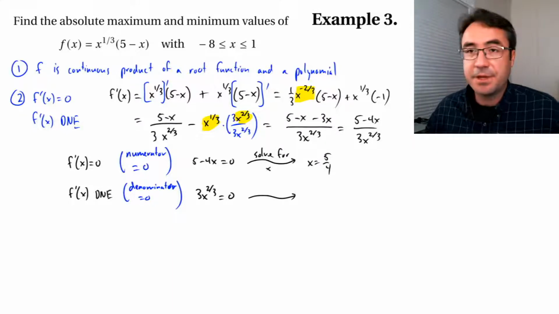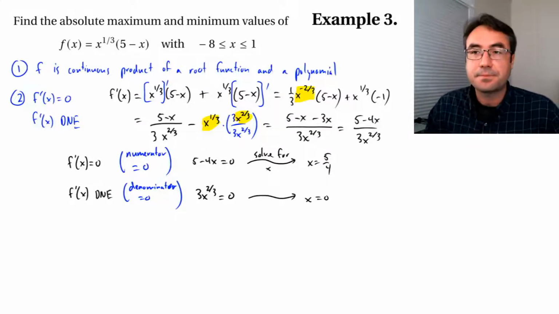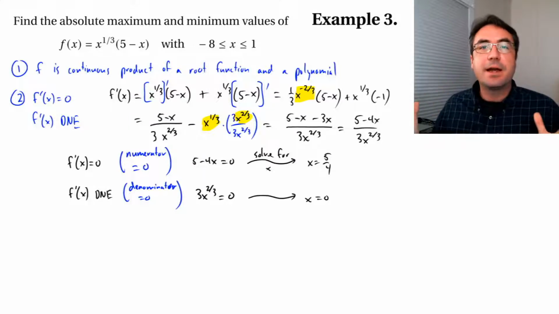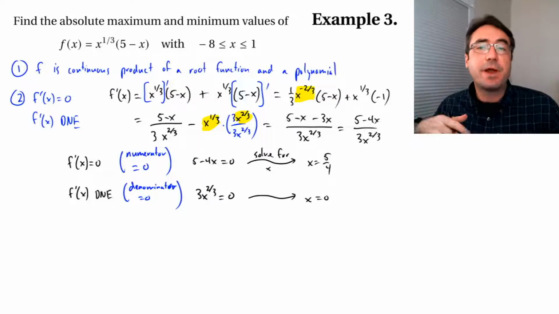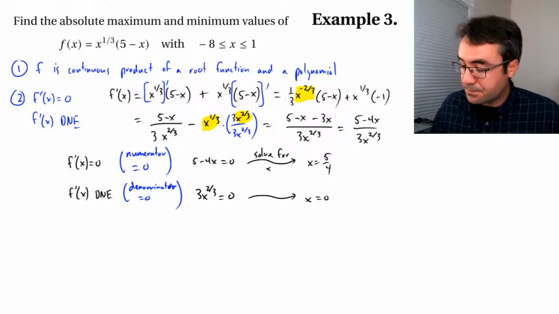We go through the same thing, solve that for x, and that's x equal to 0. So trying to simplify our derivative down into a single fraction will make things a bit easier in terms of actually solving for x.